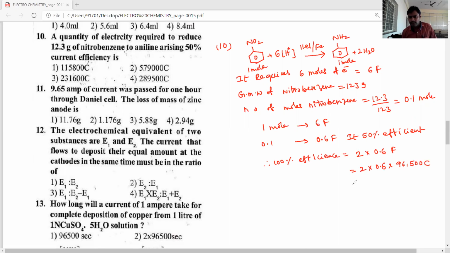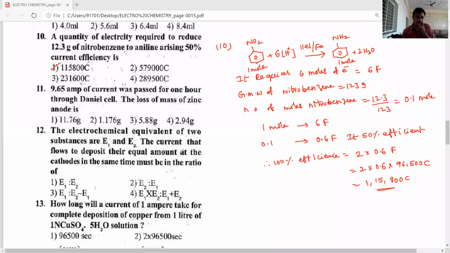Then the required current for the reduction of 12.3 grams of nitrobenzene into aniline at 50% current efficiency is 1,15,800 coulombs. So the answer is the first option. First option is correct. When the current efficiency is 50%, we have to multiply the resultant value by 100 over 50, then it becomes 100%.